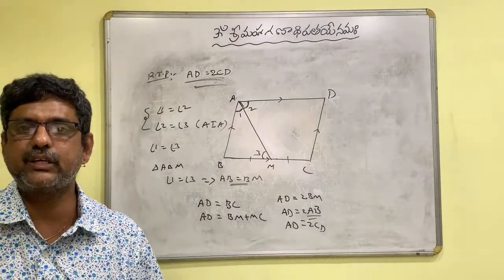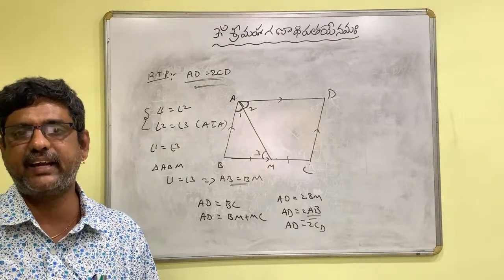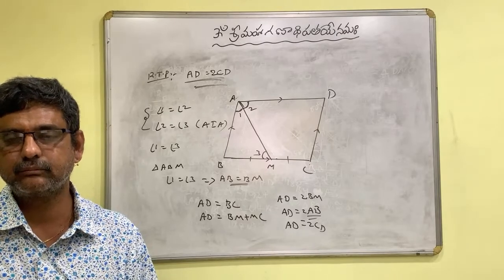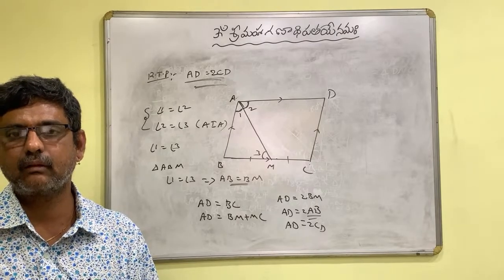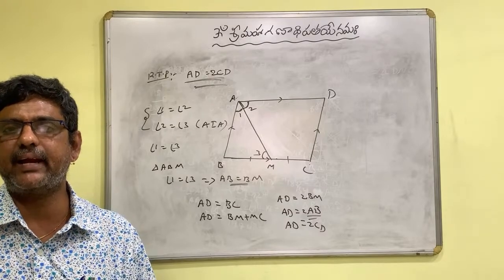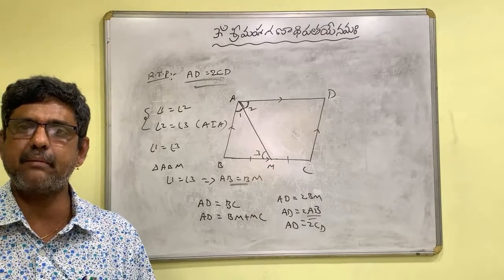AD is equal to BC, opposite sides of parallelogram. But AD we can express as BM plus MC. So again BM plus MC we can write as 2BM. But BM is equal to AB.